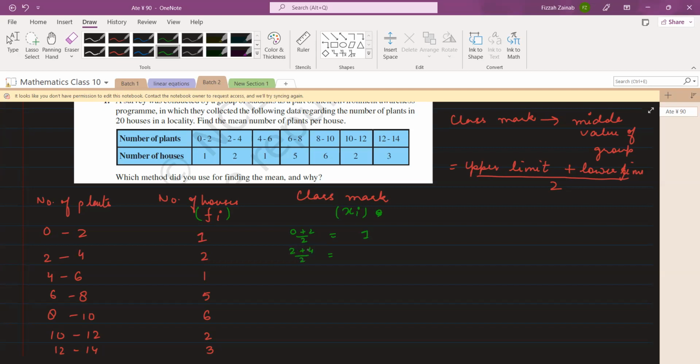So that gives you 6 by 2 and that is 3, right? Yes. Similarly, you find 10 divided by 2, so you get 5. Then you have 6 and 8, that is 14 by 2, that is 7. 18 by 2 is 9. 22 by 2 will be 11. And 26 by 2 will be 13. So this is your xi.